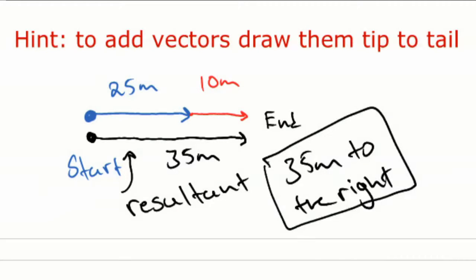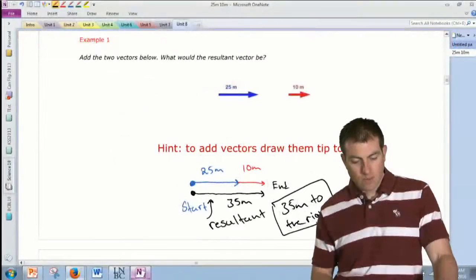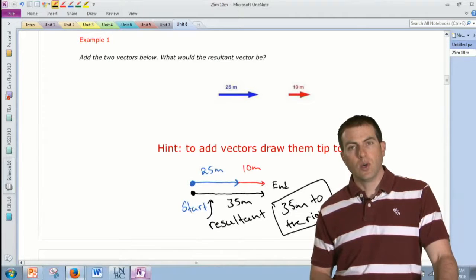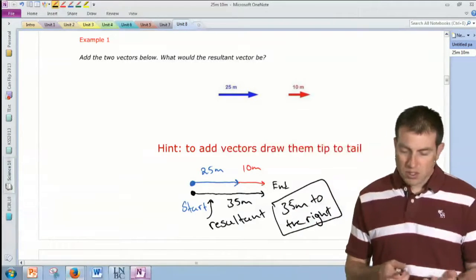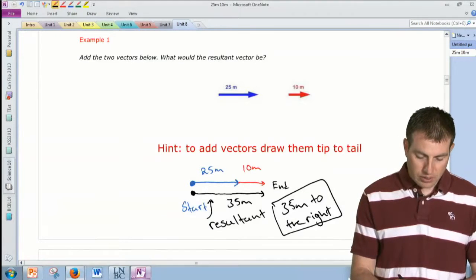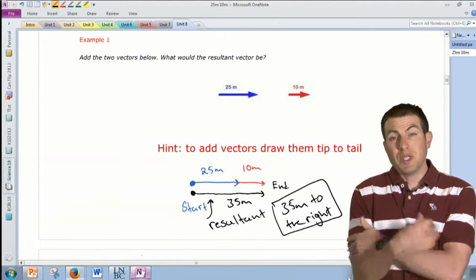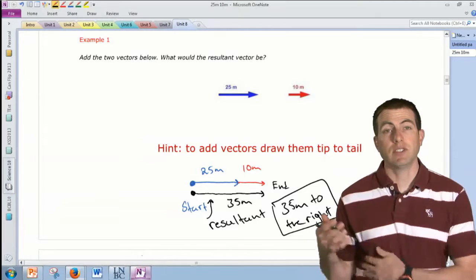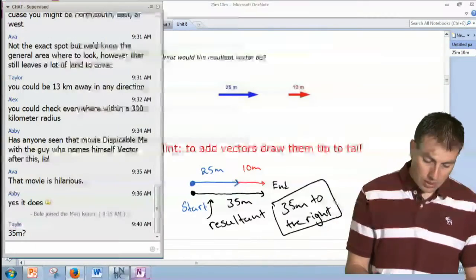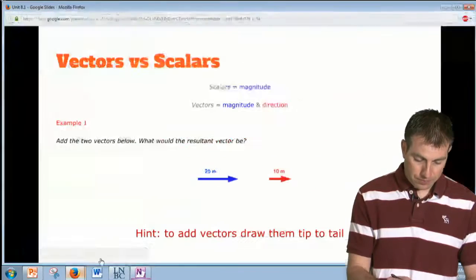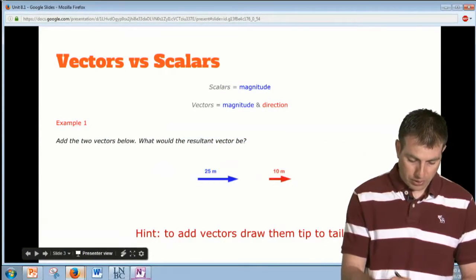They're going to know that I've gone 35 meters and the direction I've gone. This is where the section gets, not necessarily confusing, but we just want to be specific with our answers. If we have a direction to include, you'll want to include it. Let's go back to the examples here.